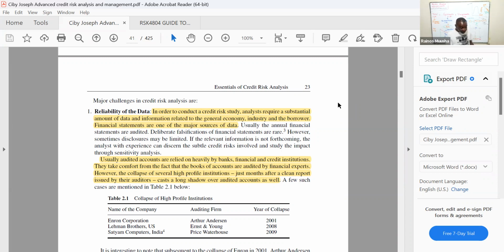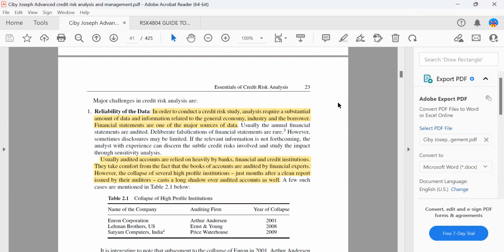We have seen that even in the case of South Africa. Remember, we have had so many audit firms that went into trouble. Recently, what is that audit firm that had to get rid of the whole board? It's one of the big four in South Africa.